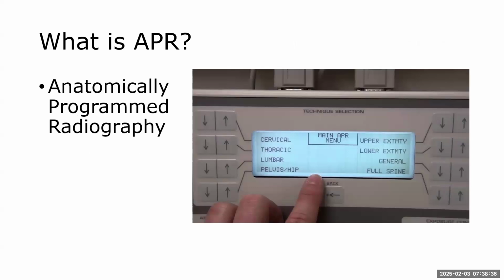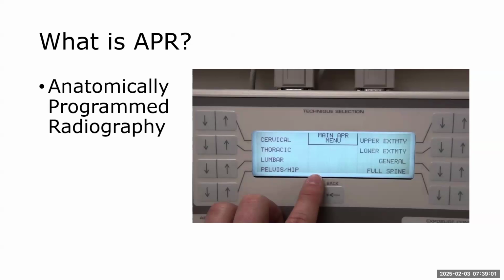That's one big reason. But APR is anatomically programmed radiography. It's basically just a programmed-in technique chart. So if you click on lumbar, then it will usually pull up AP, oblique, lateral, spot, and you would choose those, and it would be pre-programmed in there.